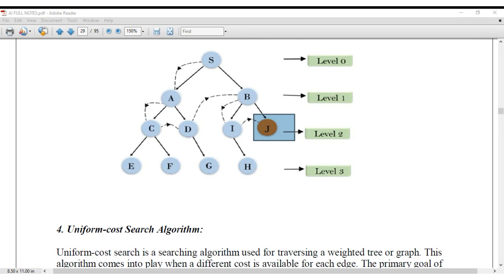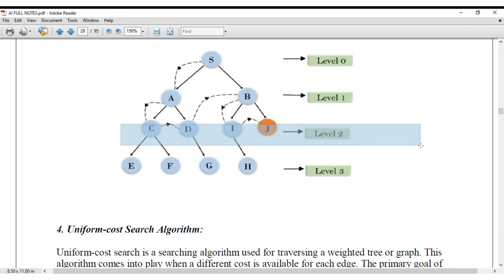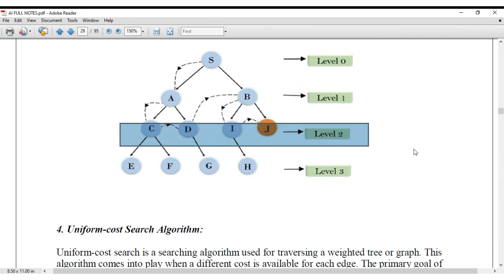In other words, if it starts from S, see, there is a limit to the search. So if the limit is level 2, and it's still using depth first, it goes from S to A, then A to C. It has arrived at this level, so it cannot go any deeper. So it is now supposed to search the other nodes in that level.